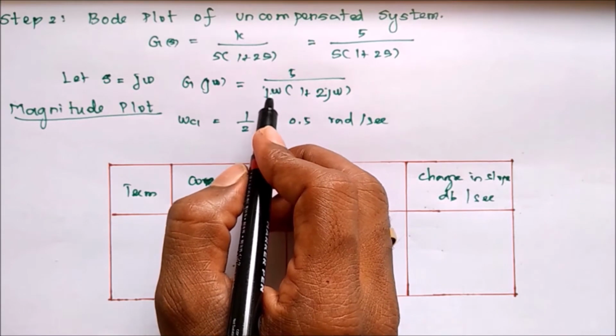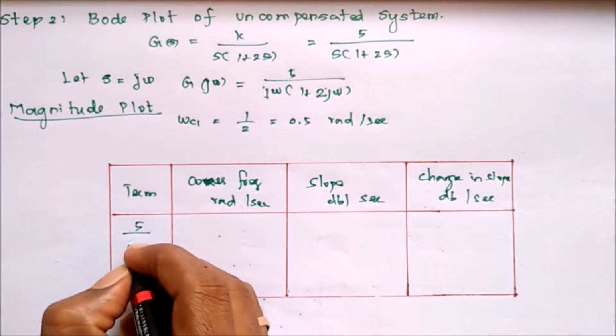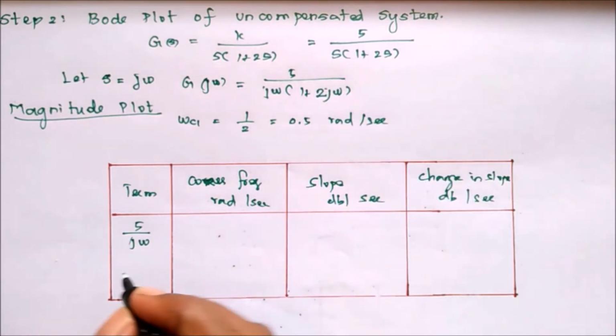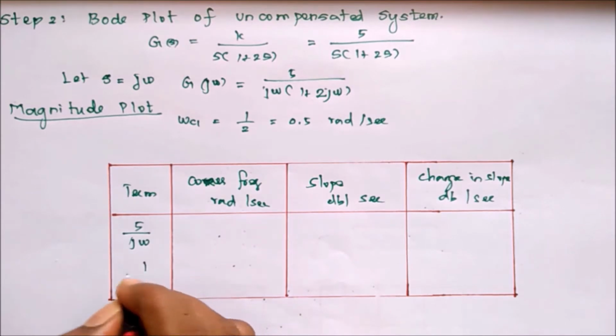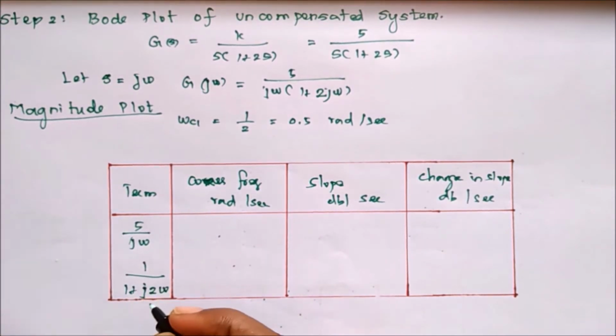First we take the j omega alone term, 5 divided by j omega. The next term is 1 divided by 1 plus 2 j omega, that is 1 divided by 1 plus j 2 omega. These are the first two terms.